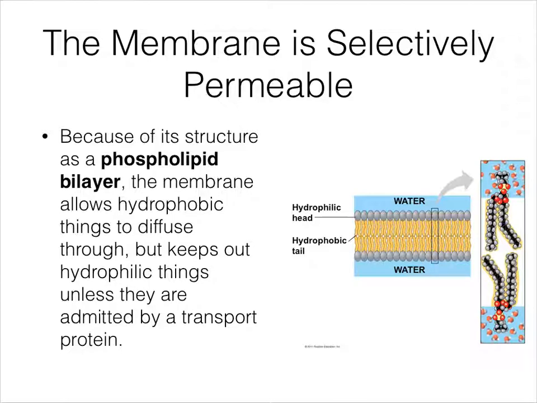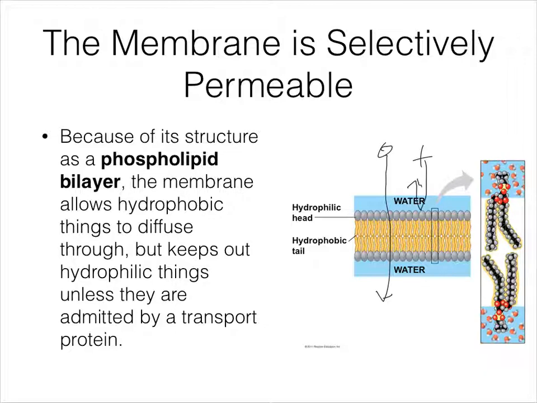Basically, anything that is hydrophobic can cross through. So we've got some hydrophobic molecule out here, and it can just cross through into the cell. Let's say you have a hydrophilic molecule. Hydrophilic molecules don't like being in hydrophobic zones, so they tend to not cross this barrier very easily.